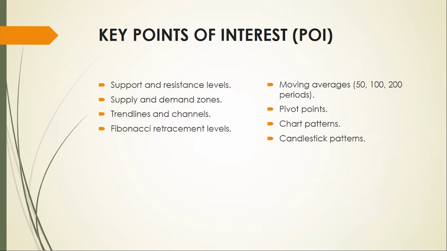How support and resistance help traders in terms of decision making is that traders will often look to buy at support and look to sell at resistance. Breakouts above resistance or below support can signal a new trend, and therefore traders can look for opportunities.